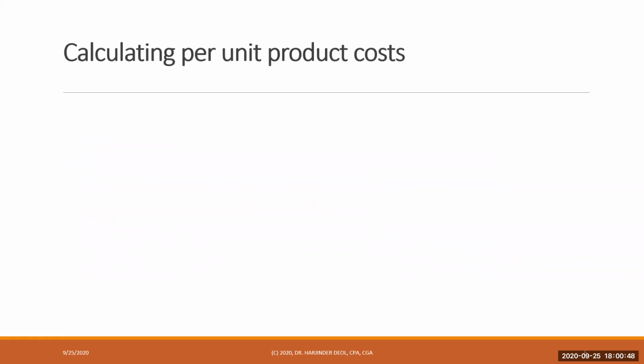So first up, calculating per unit product costs. You will take the direct material cost per unit, add to that the direct labor cost per unit, and variable manufacturing overhead cost per unit.